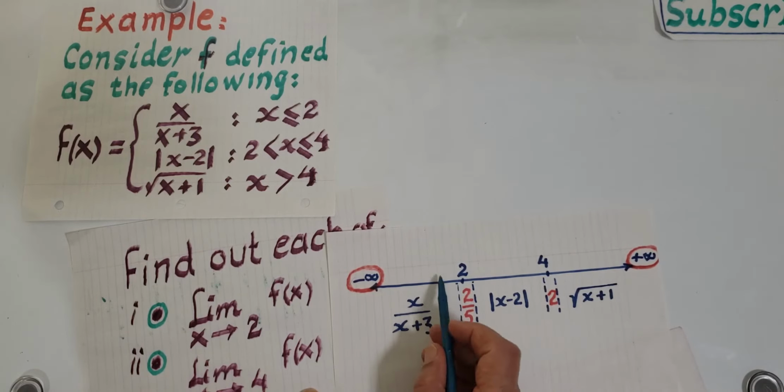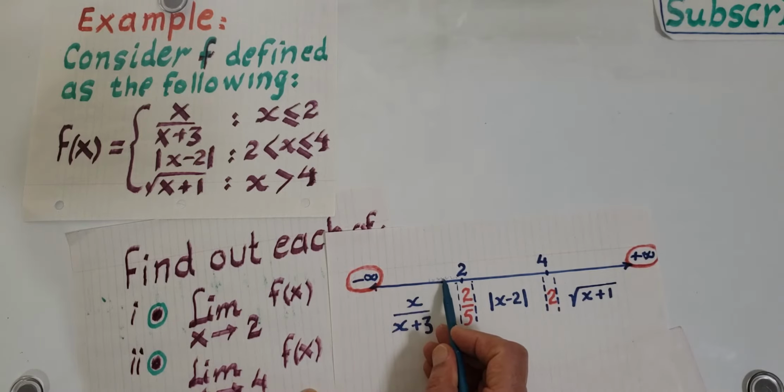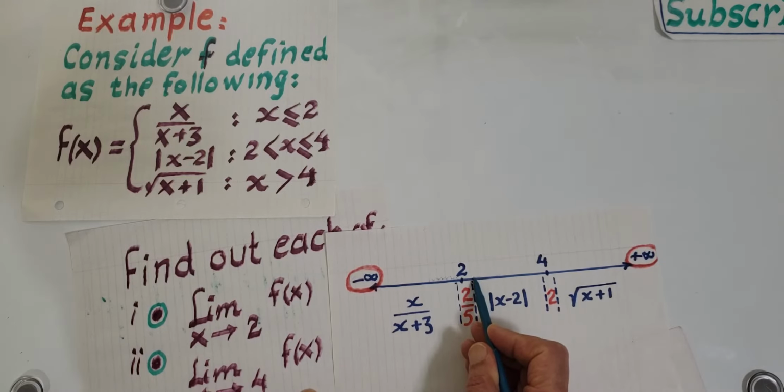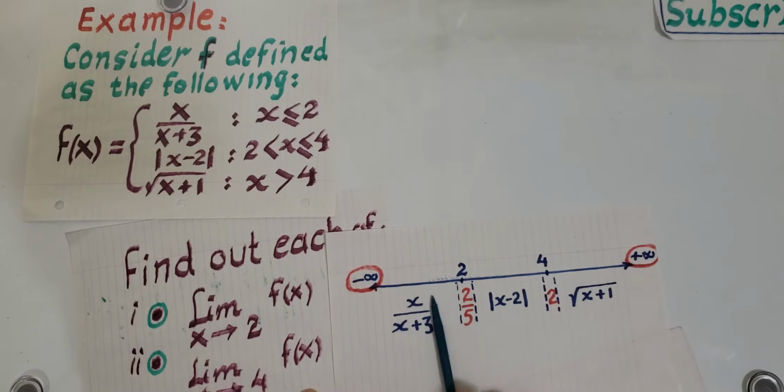We need to discuss the limit from the left of 2, where x approaches 2 from the left, and also when x approaches 2 from the right. So we have to deal with two equations.